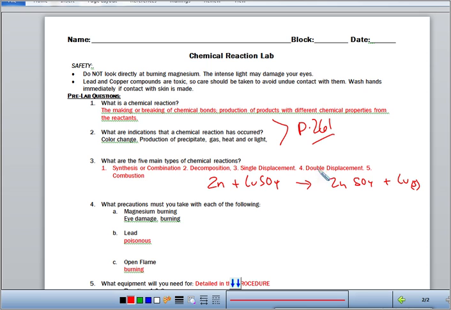Double displacement is a little bit more complicated, and normally what you'll see is 2 salts dissolved in water, okay? When we say salts, we're talking about ionic compounds, cations and anions dissolved in water. Now the way the double displacement reaction starts is you have 2 separate containers, like we did in our reaction 3, right? And I believe we had potassium iodide and lead nitrate, okay?